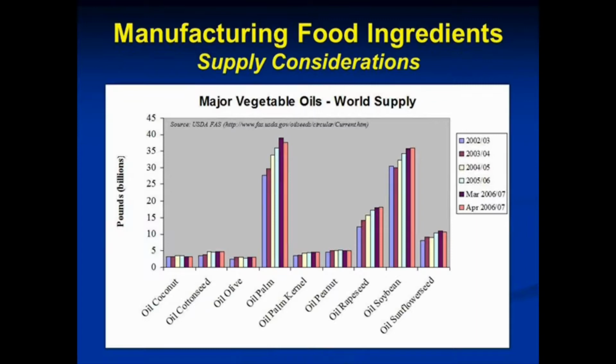Canola and sunflower seed are up there a little, but clearly palm and soy are the oils that we have available. Production and supply are really critical to what gets incorporated into the food supply. So palm and soy are what we have available, and they provide good materials for use.